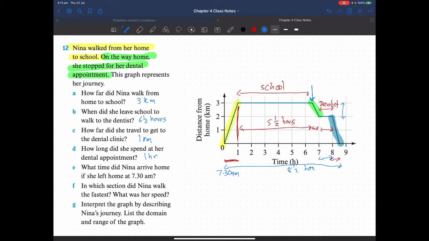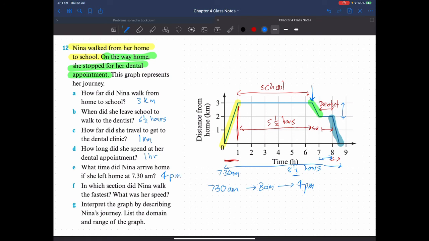So what we have to do is add 8.5 hours to 7:30 a.m. So from 7:30 a.m., the extra half an hour would take us to 8 a.m. Now we want another 8 hours after 8 a.m., which would be 4 p.m.